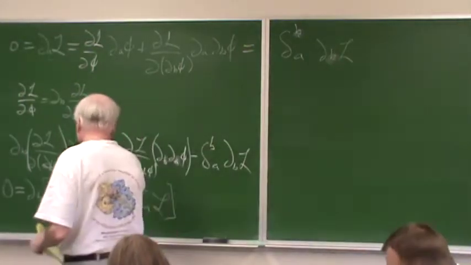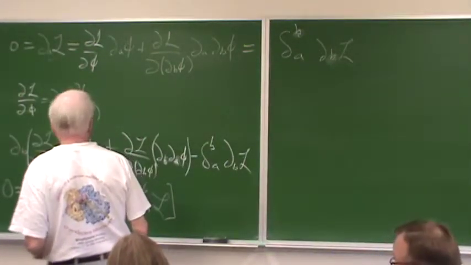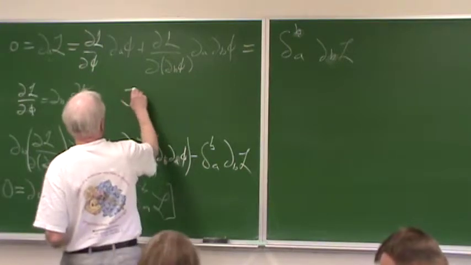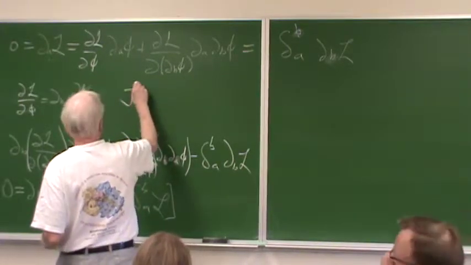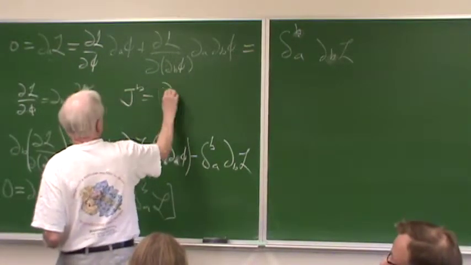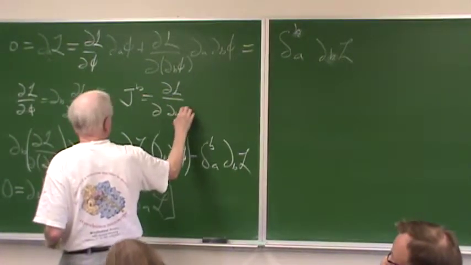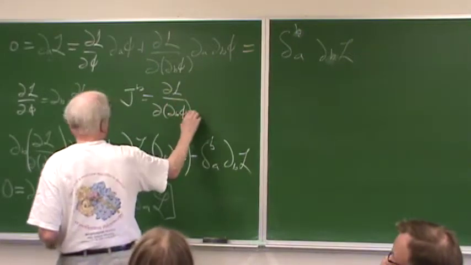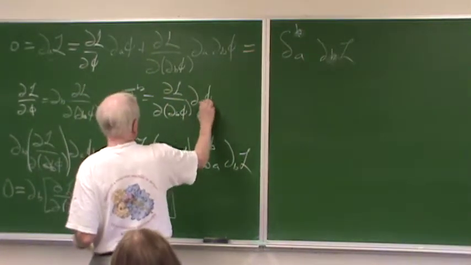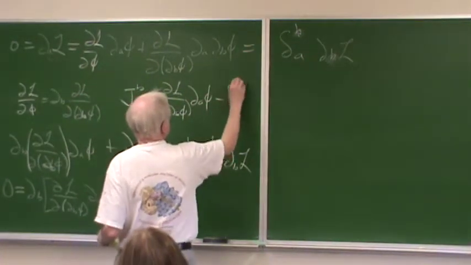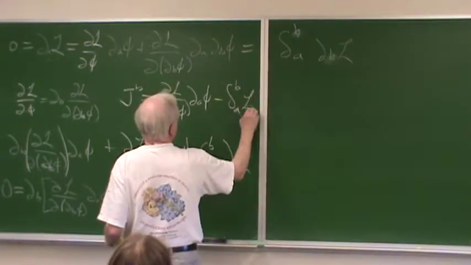And so this is our equation, and we have then a conserved current. And here it's JB, and JB is partial L, partial dB of phi, dA of phi minus delta BA of the action density.